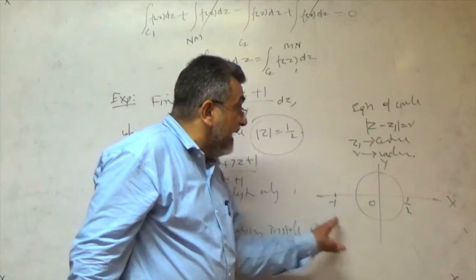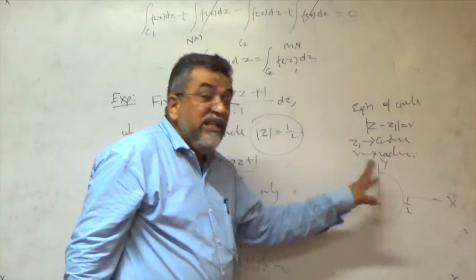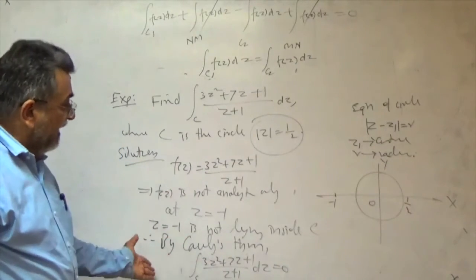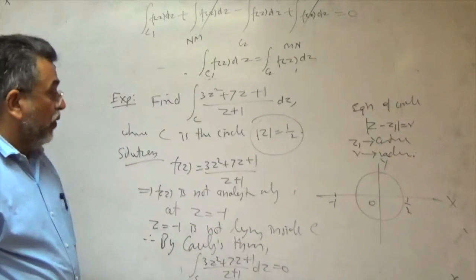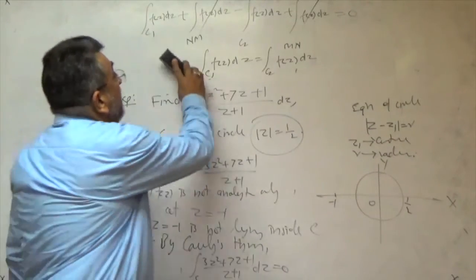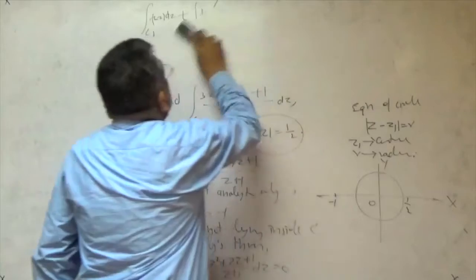So we can say that f(z) is analytic inside C. So by Cauchy's theorem, directly we can write the value of this integral is equal to 0. This is a numerical example of Cauchy's integral theorem.